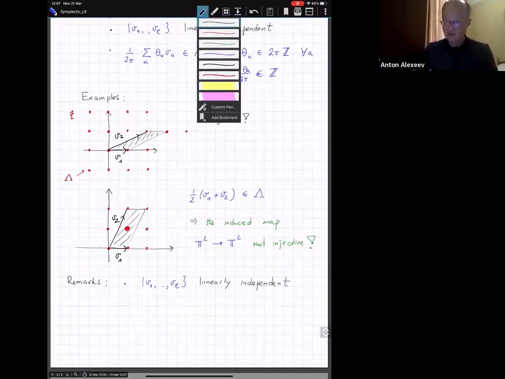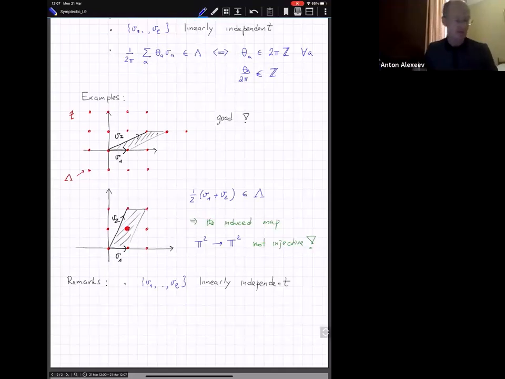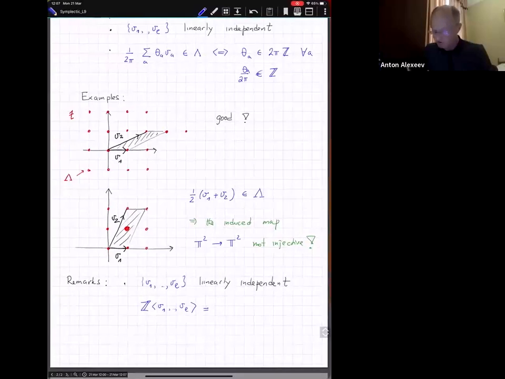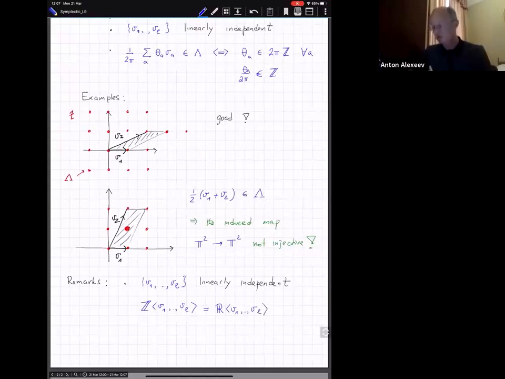And the second condition we can also state like this. I mean, sometimes it is perhaps more handy. So you consider a lattice spanned by V1, ..., VL, and you check that it is the intersection of the real vector subspace spanned by the same vectors with lambda. That's exactly what we are checking.